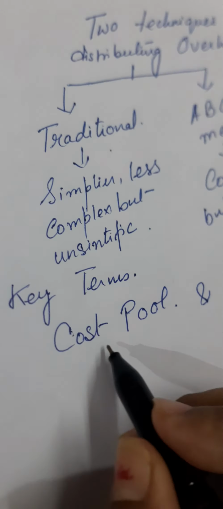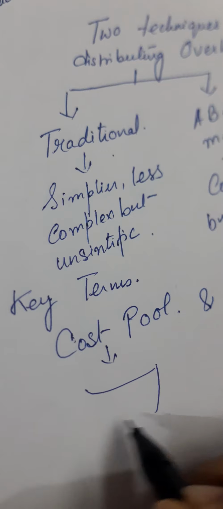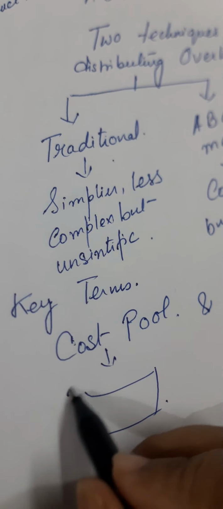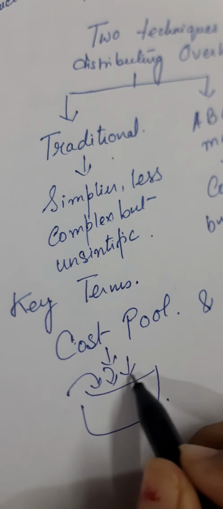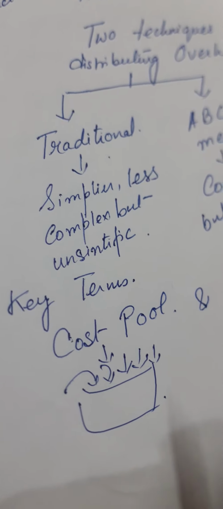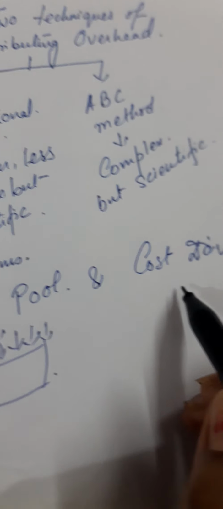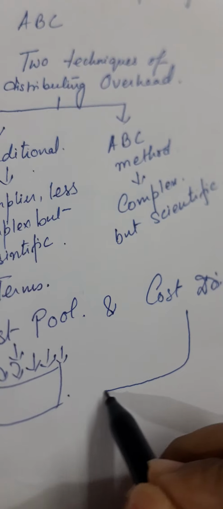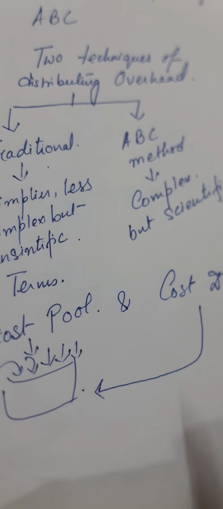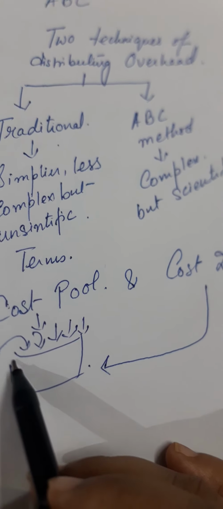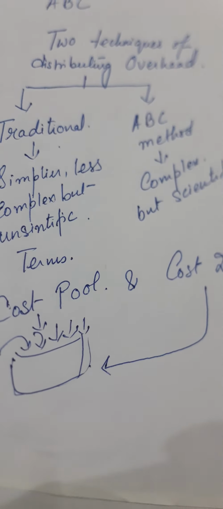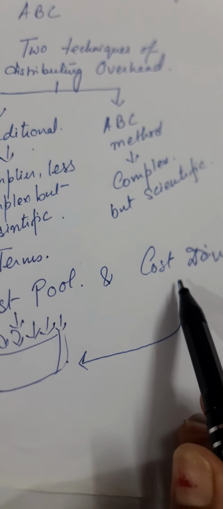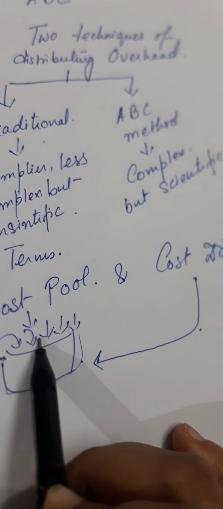Now what is this cost pool? You can imagine it as a basket where you are pulling in all the expenses, and cost driver is the driver who drives this cost. That means cost pool is a basket where you're putting all the cost, and cost driver is the reason behind this cost.